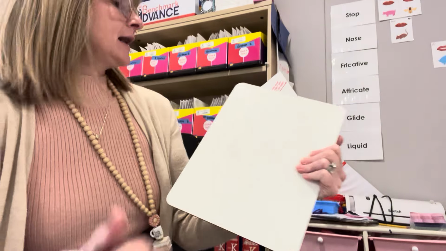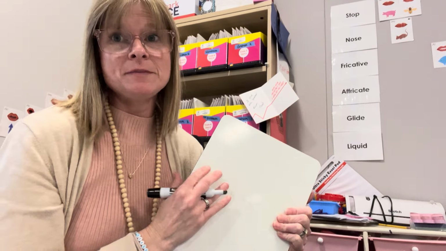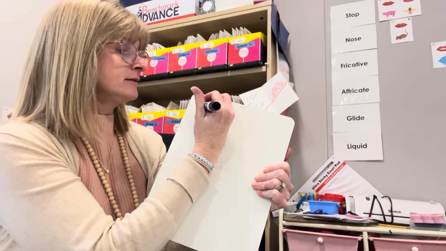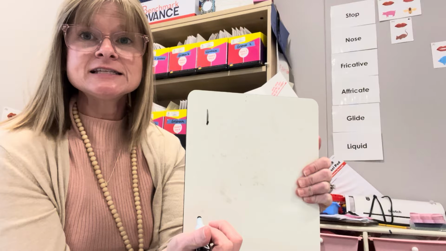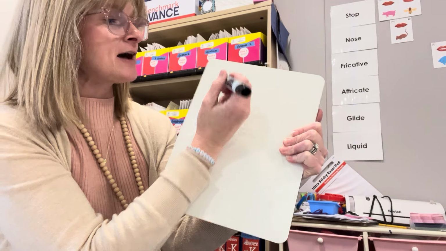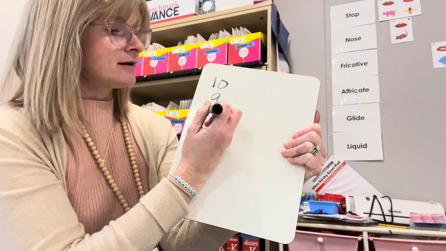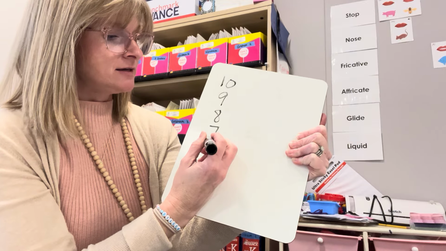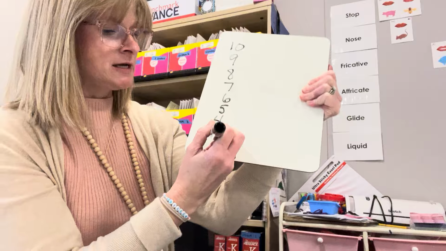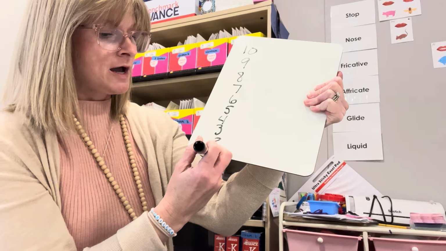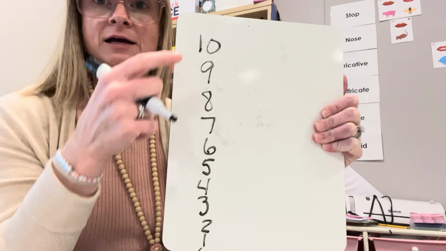So, if we're doing ways to make 10, if I start at 10, you're not writing any of this down yet, guys. I haven't even told you to get your paper. You're just listening and watching. If I start at 10 and I count down 10, 9, 8, 7, 6, 5, 4, 3, 2, 1, 0 on the bottom. Okay, do you see that?